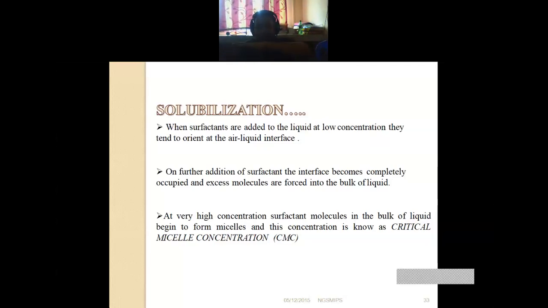The upper interface is completely occupied, then excessive amounts of surfactant go into the bulk of the liquid. At a high concentration, surfactant molecules in the bulk solvent form micelles. The concentration of the surfactant in the solvent at this point is known as the critical micellar concentration, called CMC.